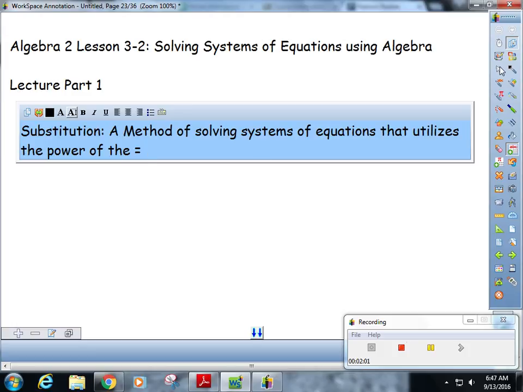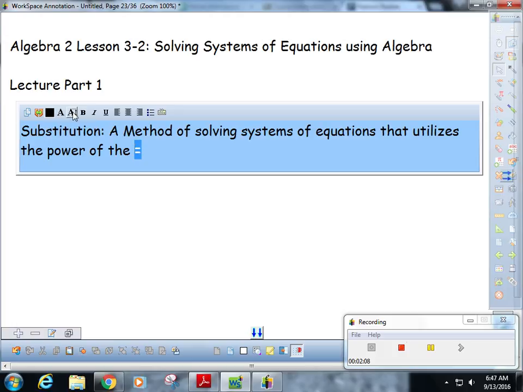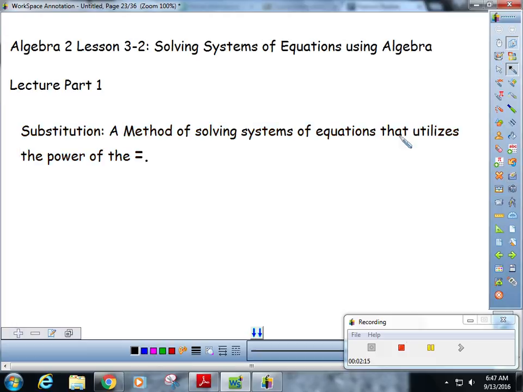Let's make this nice and big as you guys finish writing that. Boom. Okay, so the equal sign is a very powerful thing, and we're going to use it to our advantage.